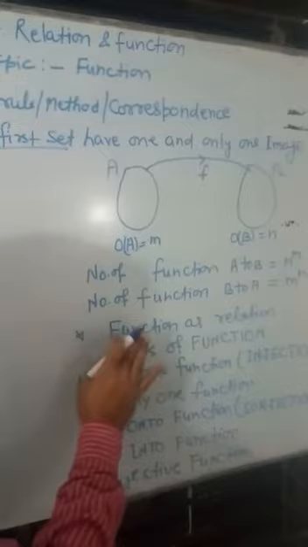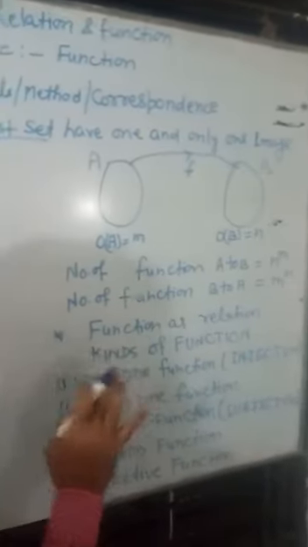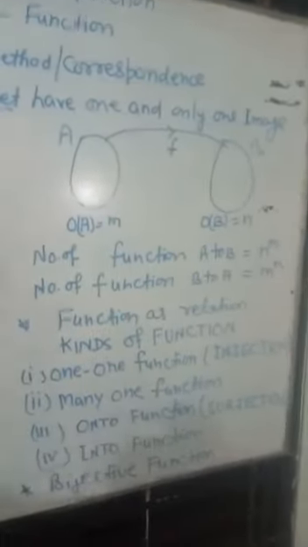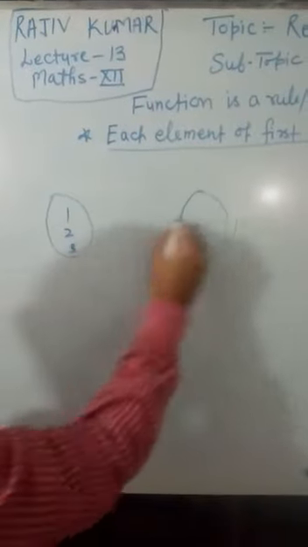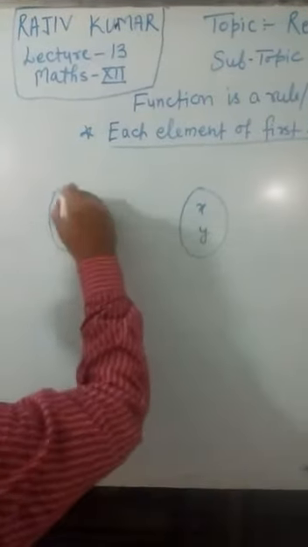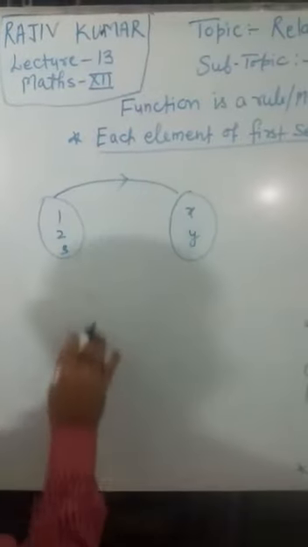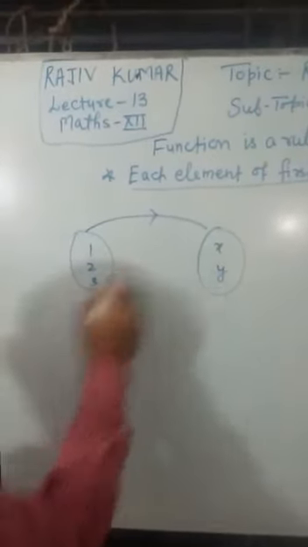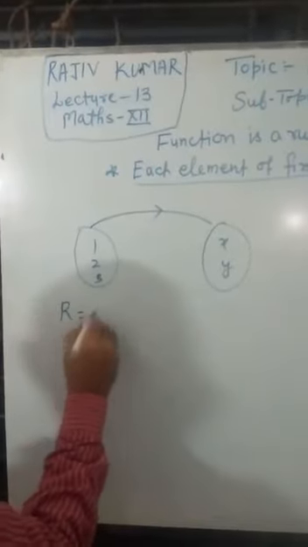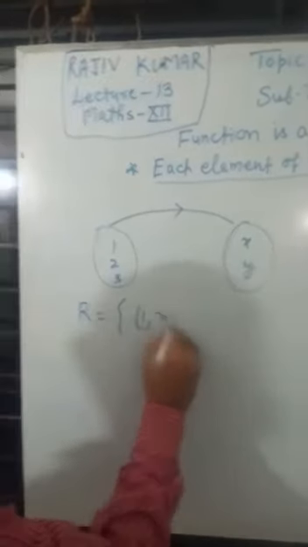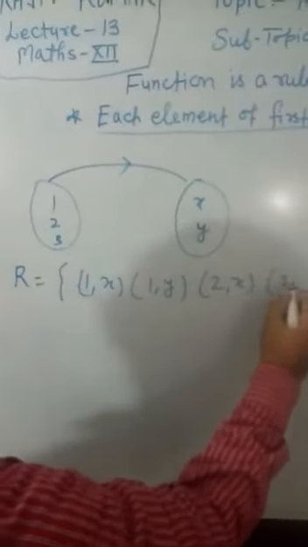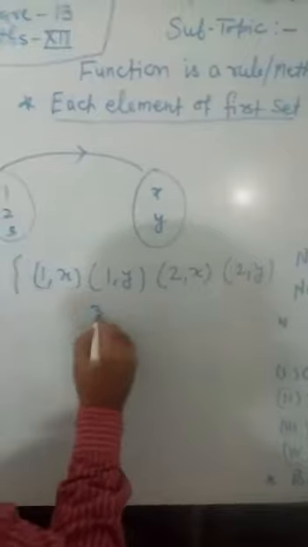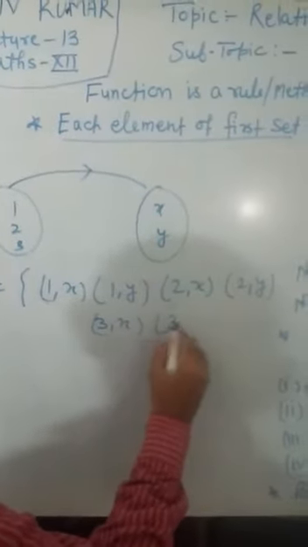You know the function as a relation. That means a function is a rule, as a relation is a rule. If you take one example, 1, 2, 3 and x, y, and you want to find the relation, it will be 1x, 1y, 2x, 2y, a set of ordered pairs, 3x and 3y.